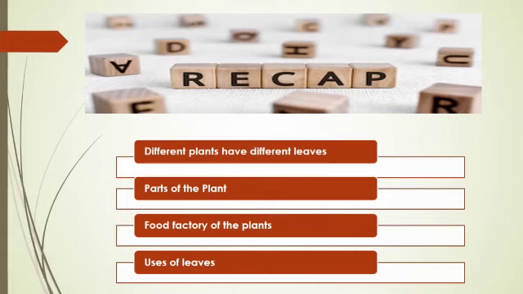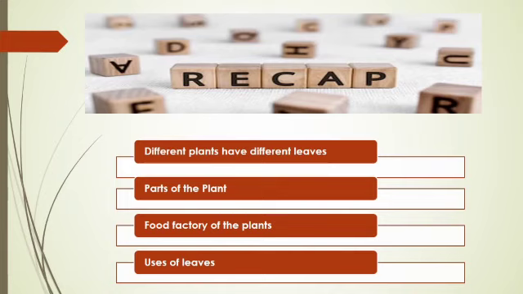Most of the leaves are green in color due to the presence of chlorophyll. Yes, chlorophyll is a pigment which gives the green color. Some leaves are also purple, red, or yellow. Some leaves change their color with a change in the season.